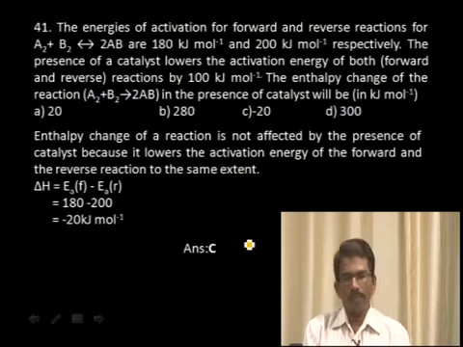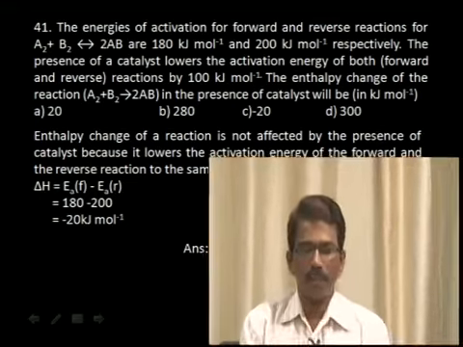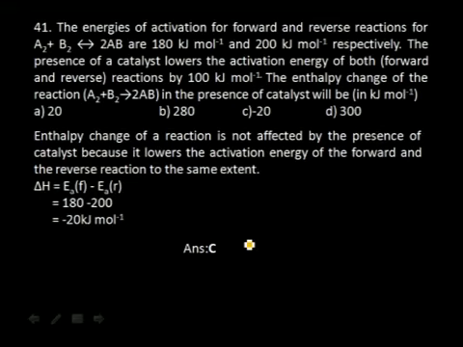In question number 41, you have been given the energies of activation of forward and reverse reactions for A2 plus B2 giving 2AB as 180 kilojoules and 200 kilojoules respectively. The presence of a catalyst lowers the activation energy of both forward and reverse reactions by 100 kilojoules per mole.